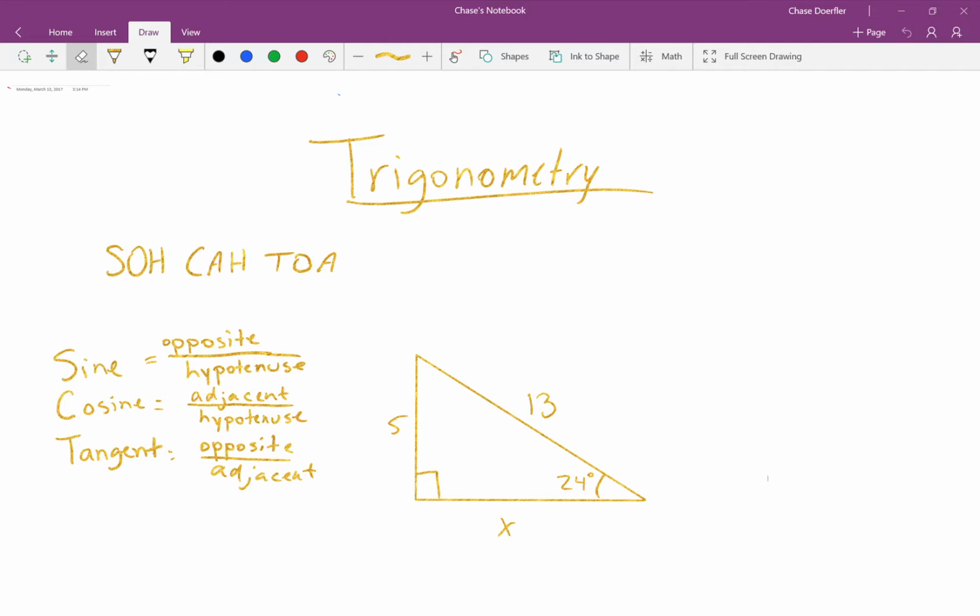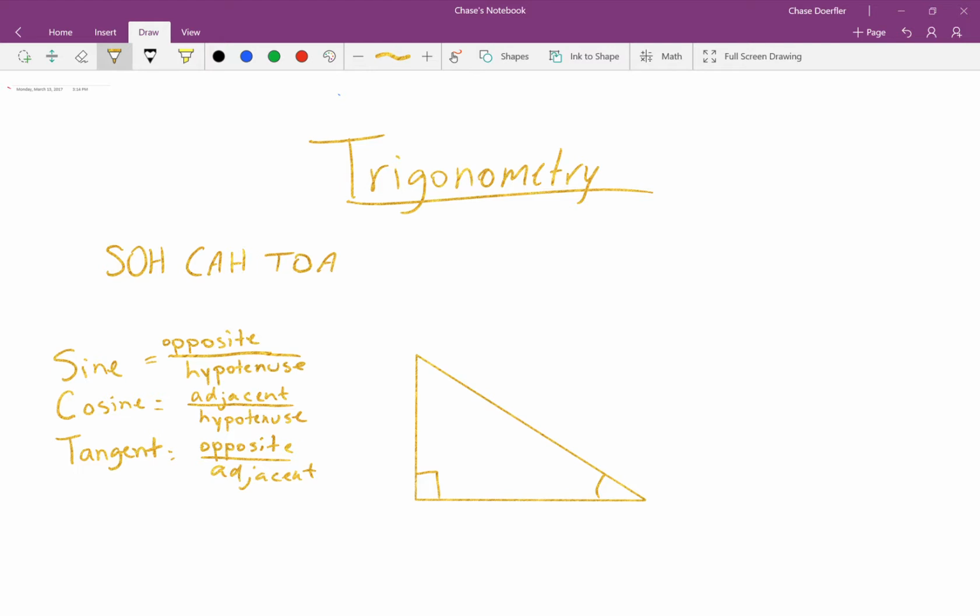Now, trigonometry has three basic functions that we are going to be using in geometry and possibly during the EOC. They're represented as SOHCAHTOA, a little acronym for you.